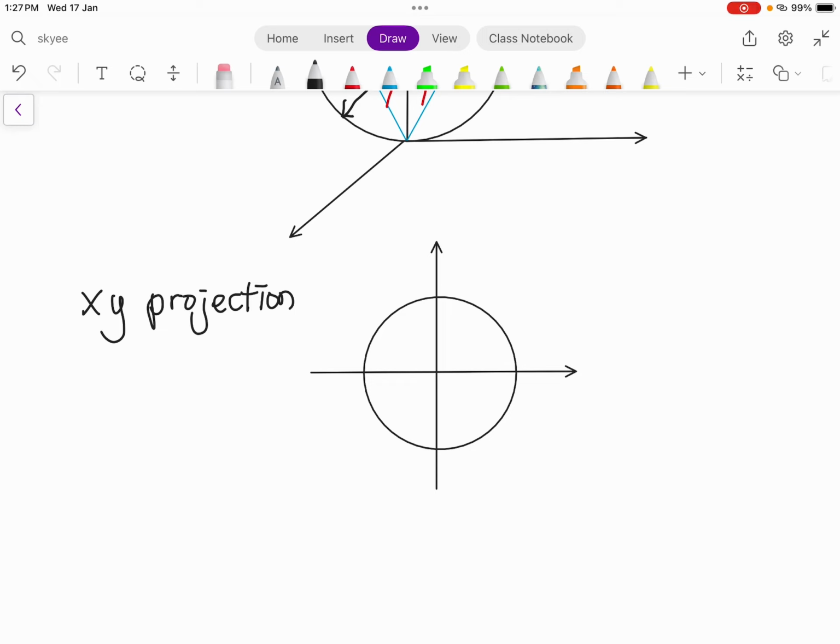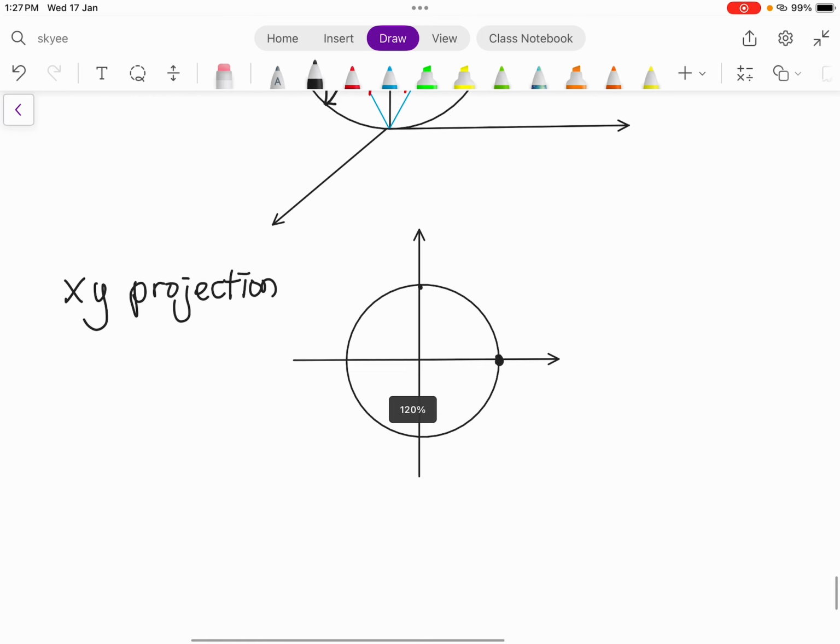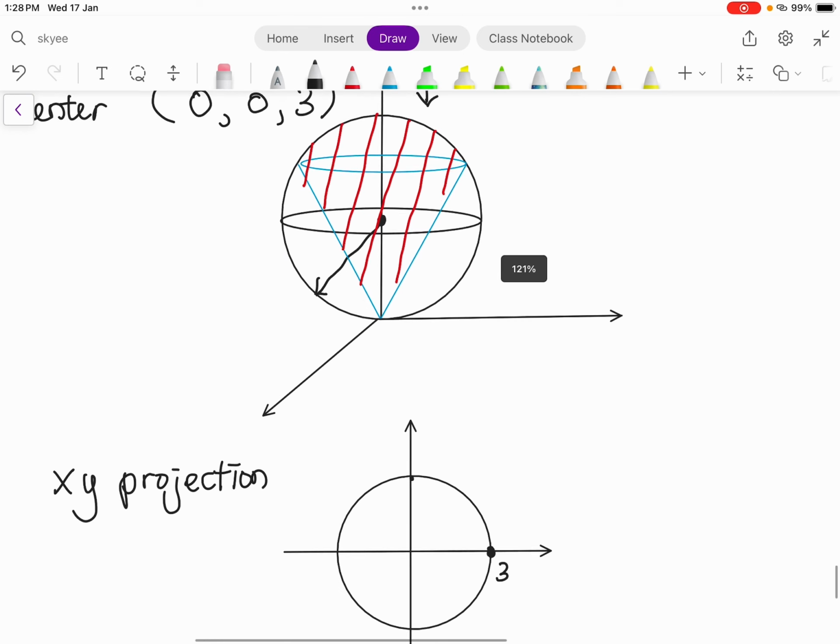Any idea what the radius is here? The radius here would be 3. It will be this one.